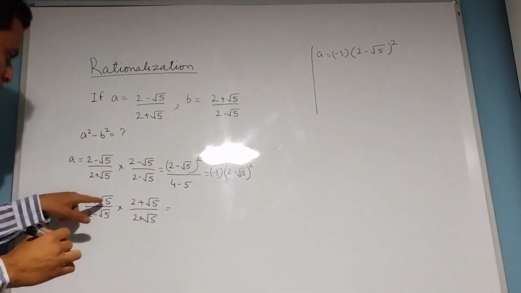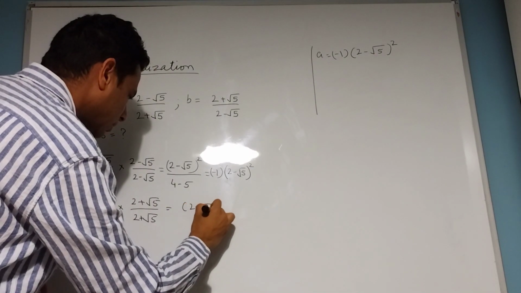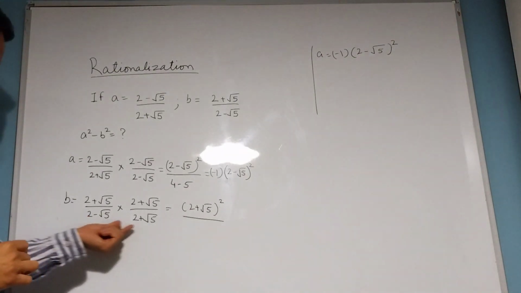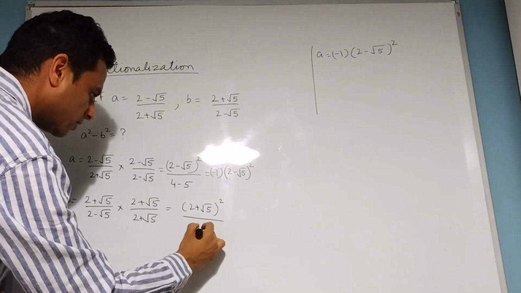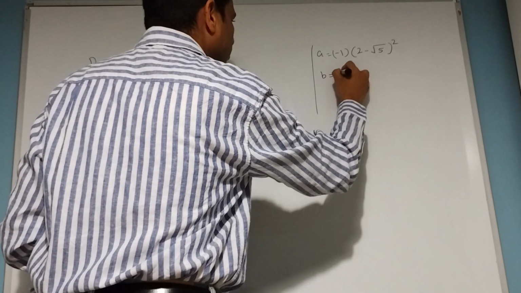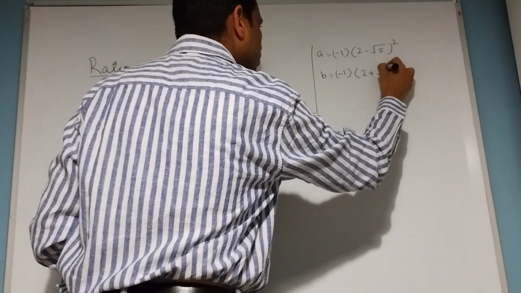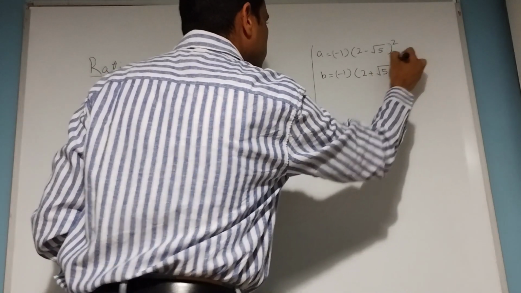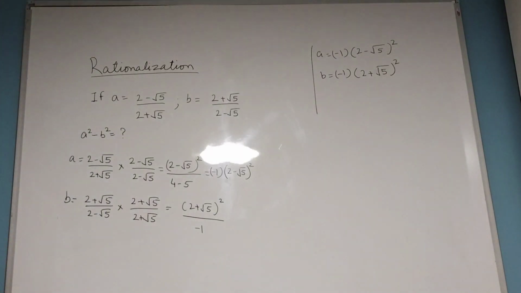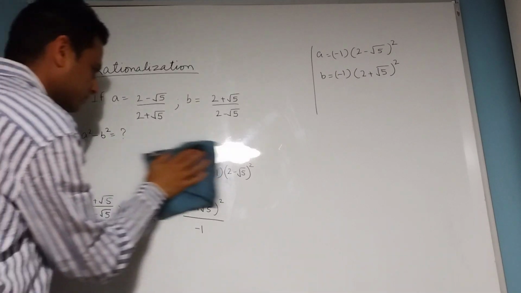So this is 2 plus root 5 times 2 plus root 5, which makes it 2 plus root 5 whole squared, divided by a minus b times a plus b, 4 minus 5 is minus 1. Let's write down the value of b. It's minus 1, 2 plus root 5 whole squared. So we found the value of a and b. Let's find the value of a squared and b squared and do the subtraction.